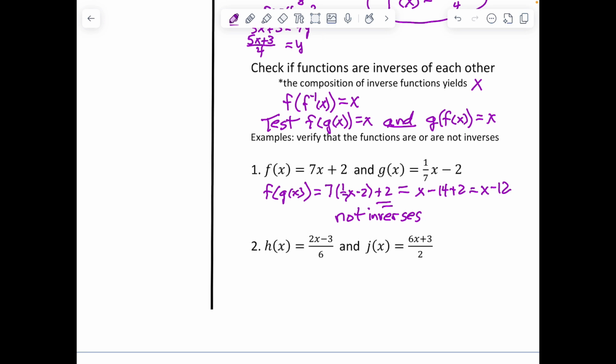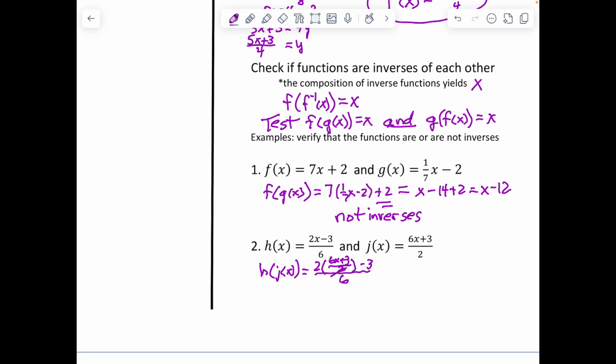Let's try to see if these two are inverse functions. So we'll start by doing h of j of x and see if we get x out from that. So that's where I take the x out of the h of x and I put in a parentheses. And inside, I'm going to put the j of x function, which is 6x plus 3 over 2.